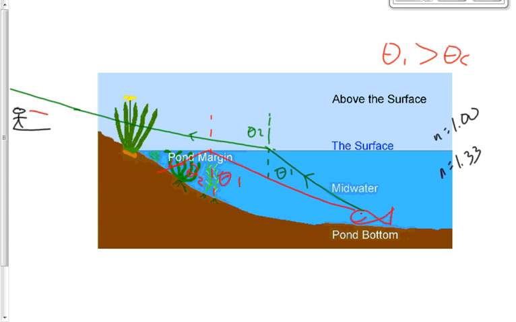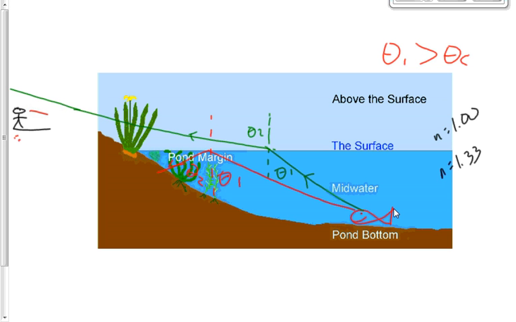So in other words, instead of refraction taking place, total internal reflection will take place. What does this guy see right now? Where does he see the fish right now? Yep, he doesn't. Fish is gone. He sees right now the top of the pond.